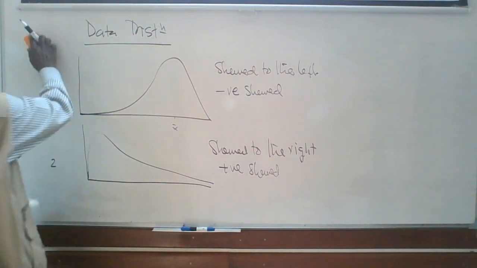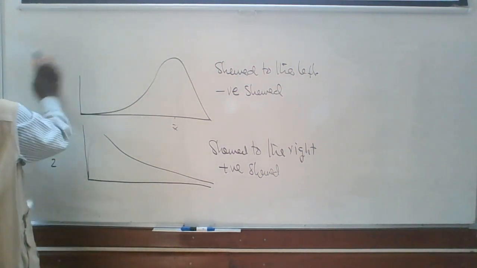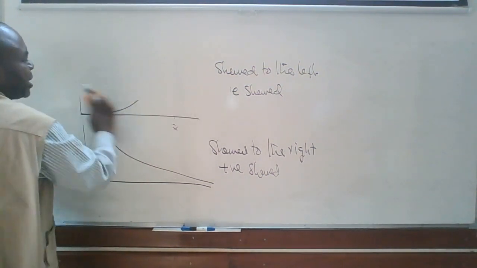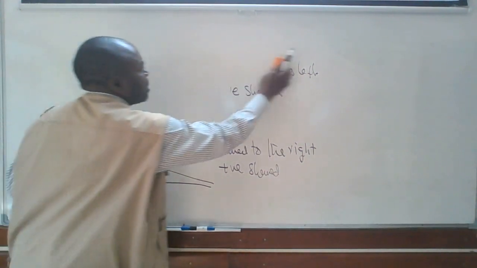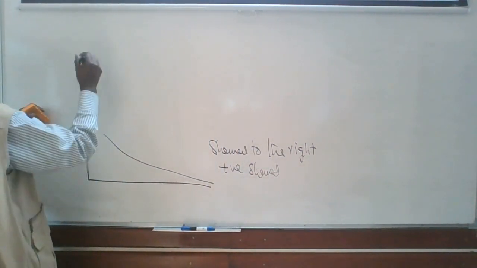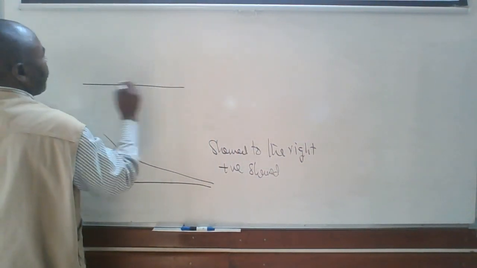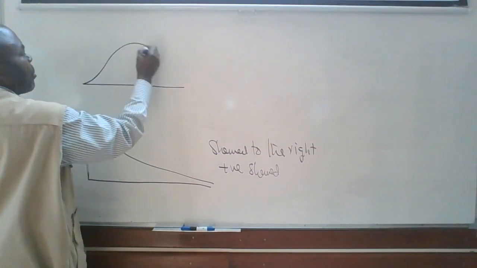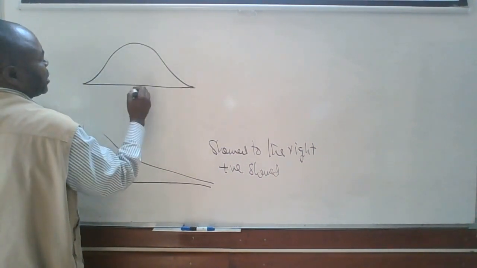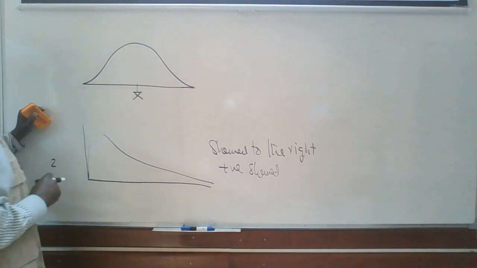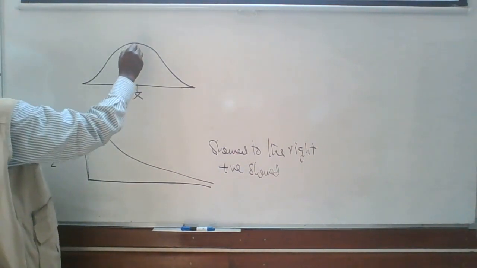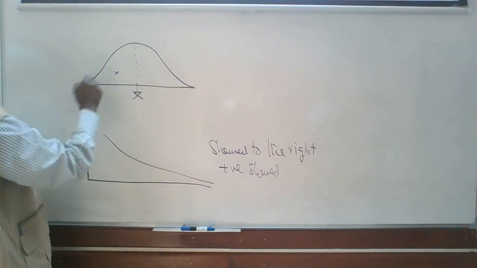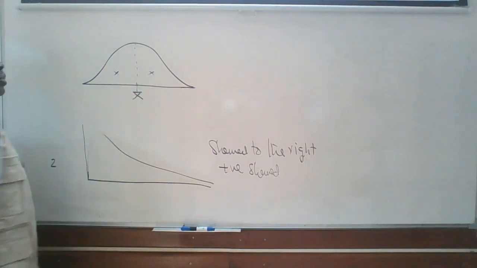When your data are symmetric about the mean, then you have a situation like this. So these data are symmetric about the mean. You can see that when you put a line here, the left-hand side is equal to the right-hand side.